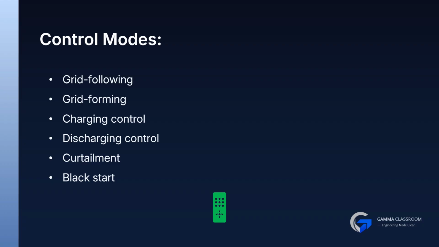Additional modes include charging control, discharging control, curtailment, and black start. These modes define how the inverter behaves during disturbance and protection events.